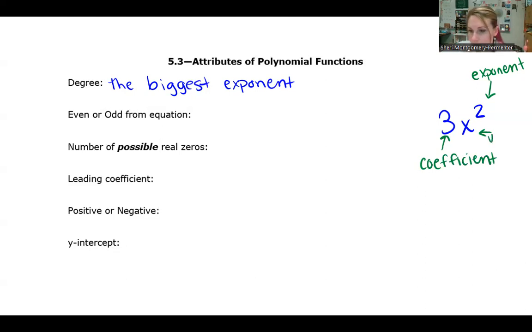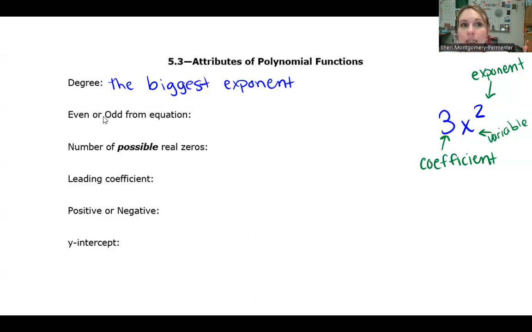So the x is a variable. And that was another good term, Emmanuel, a constant. A constant is just a number all by itself with no variable. So when we talk about the degree, you have to look at all your terms. You're going to have a few terms, and you find the one with the biggest exponent. That's how you figure out the degree of your function.